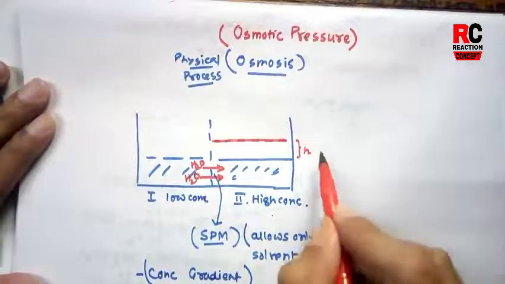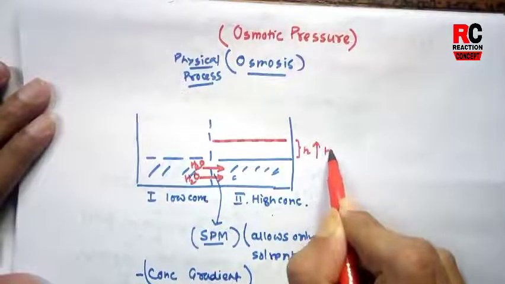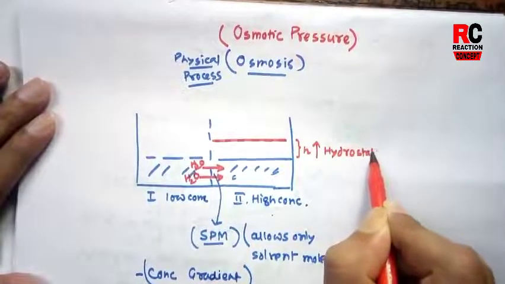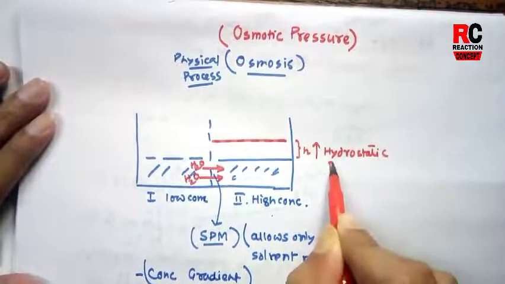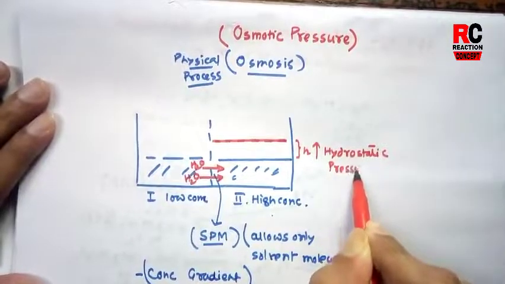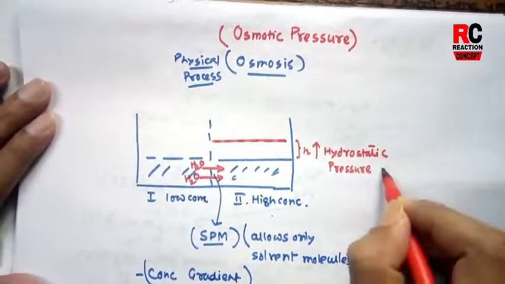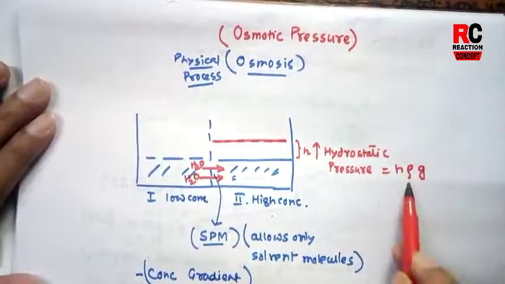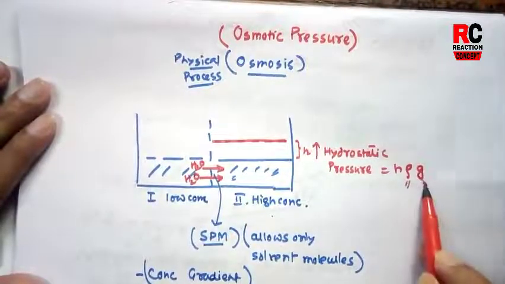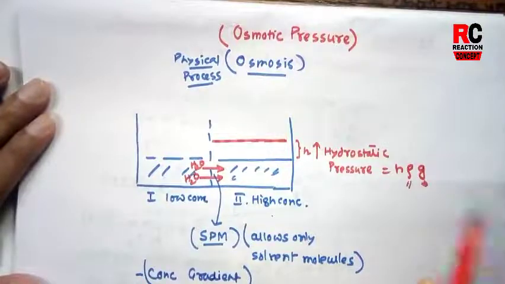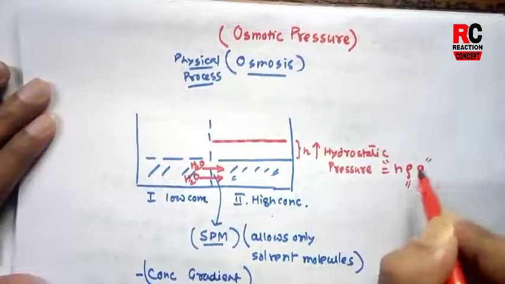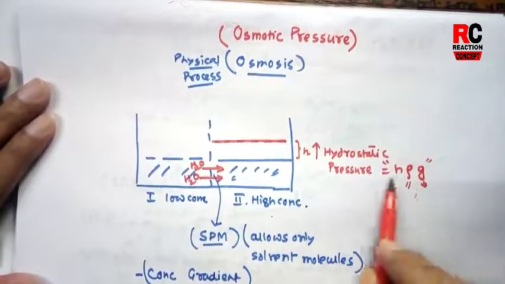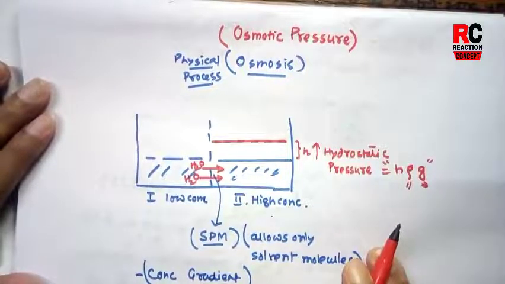So it will exert an upward hydrostatic pressure of h, rho and g, where rho is the density of the solution and g is the gravitational acceleration. You already studied in physics how to calculate this hydrostatic pressure.